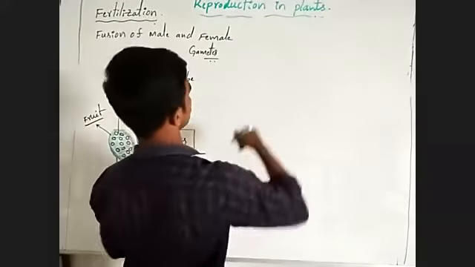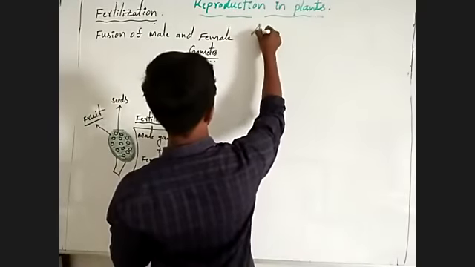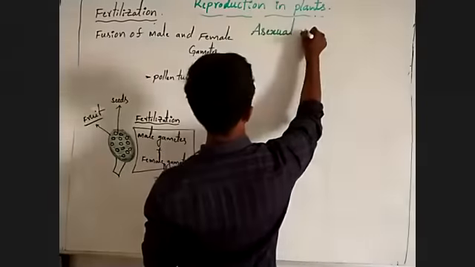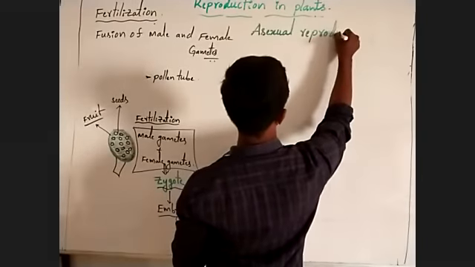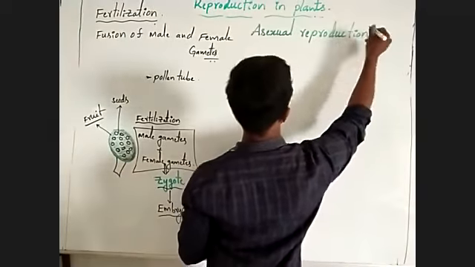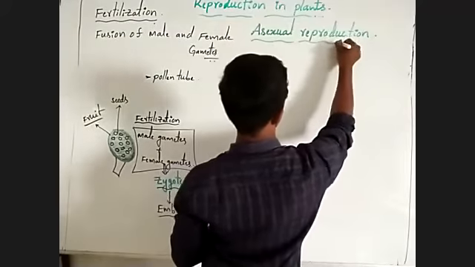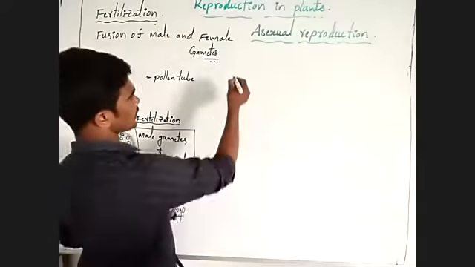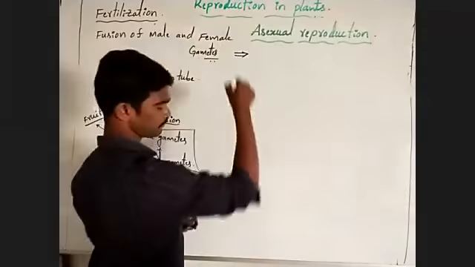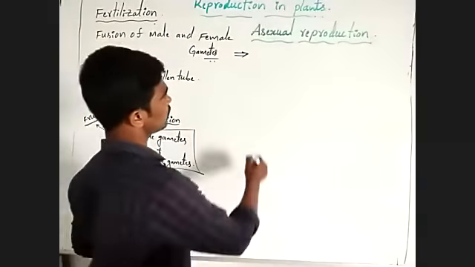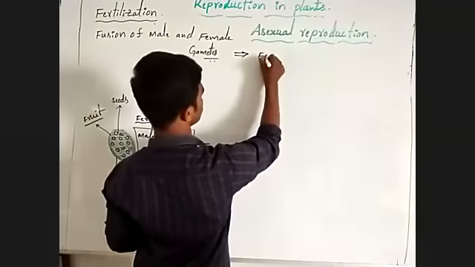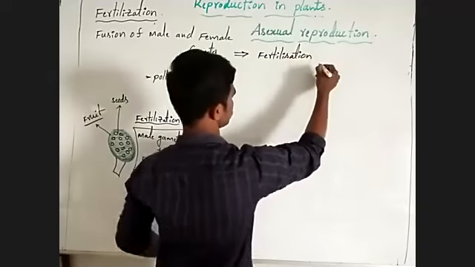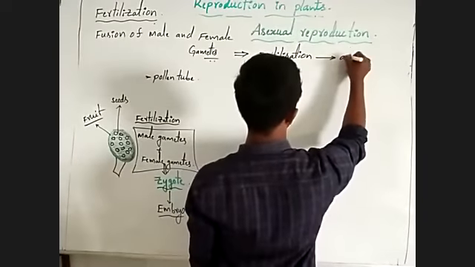Now let us see asexual reproduction. What are the characteristic features of asexual reproduction? Here, the fertilization process is absent.